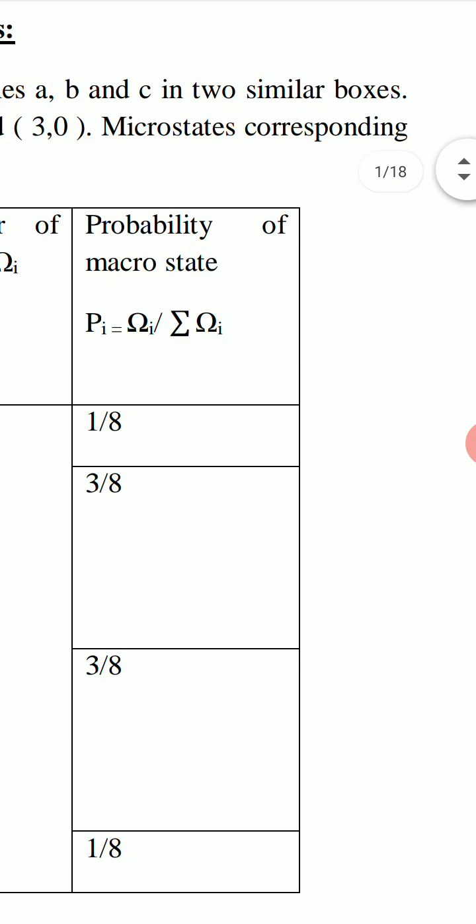Last column shows the probability of a macrostate, and probability of a macrostate Pi is equal to omega i upon summation omega i. It is equal to the number of microstates divided by total number of microstates.